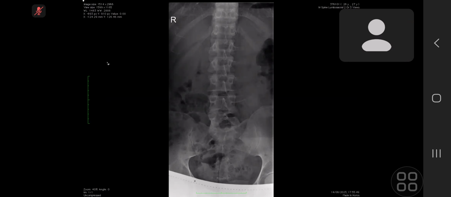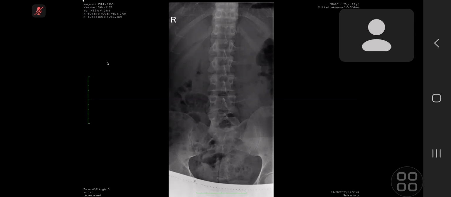I'm presented with an AP projection of the lumbar spine and upper half of the pelvis. I can see normal bone alignment.